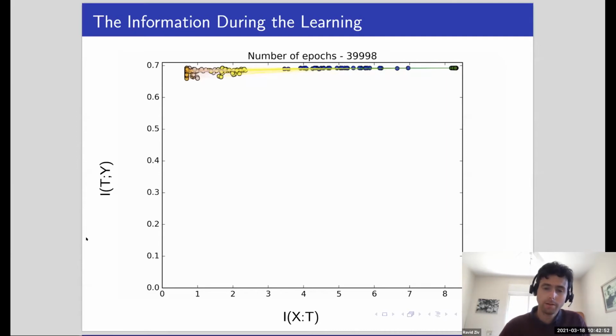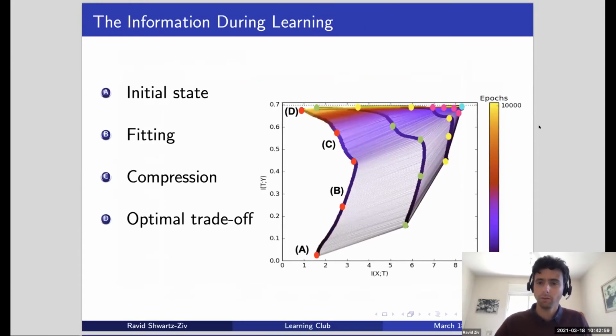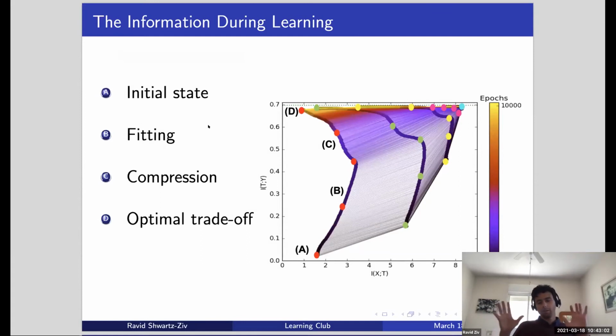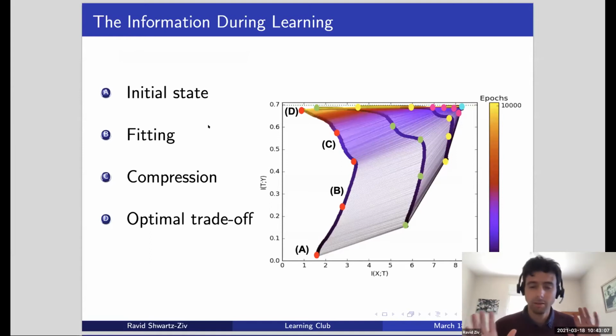Okay, and now let's see it from a different perspective. So what we have done here, again, is the information plane. It's the same network and the same problem. And now we averaged over the different random initializations. Now here the different colors are the different epochs. Okay, so this is the network at the beginning of the learning, and this is the network at the end of the learning.